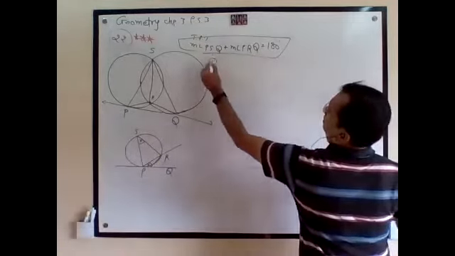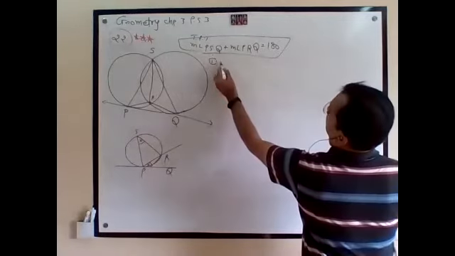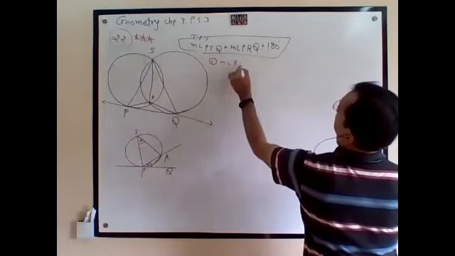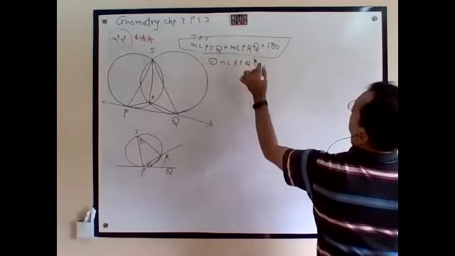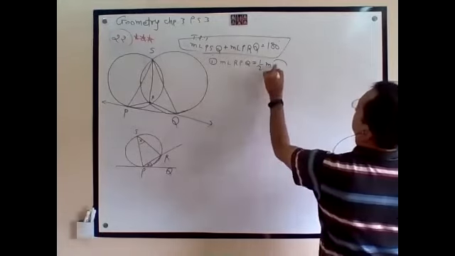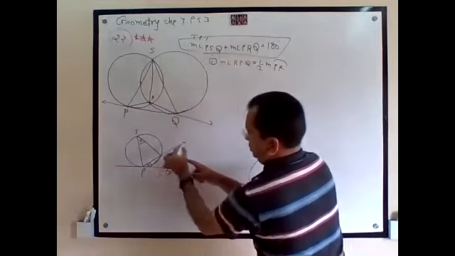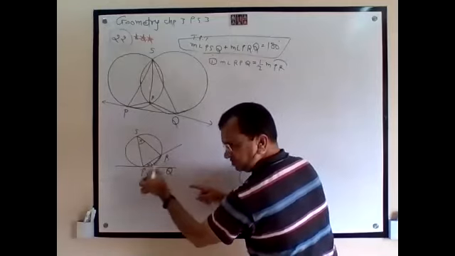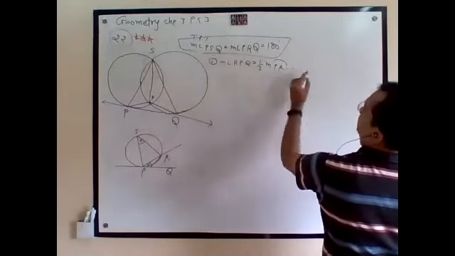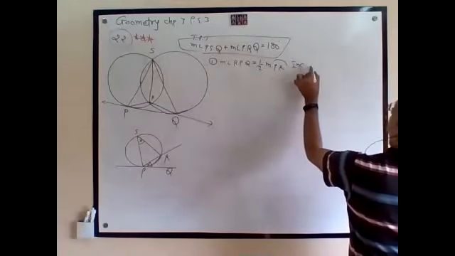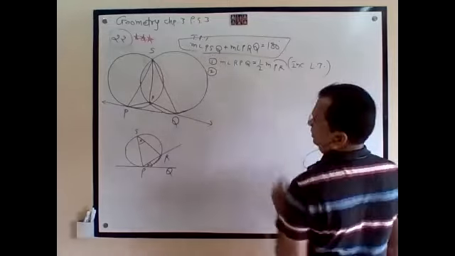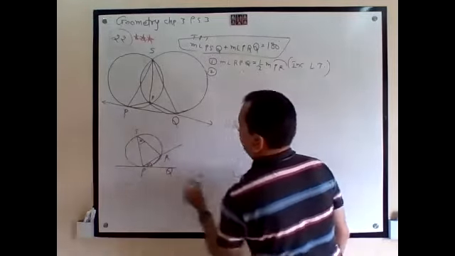Step number 1: measure angle RPQ is equal to half of measure arc PR. This angle is half of this arc, by the inscribed angle theorem. Second, same, PSR.